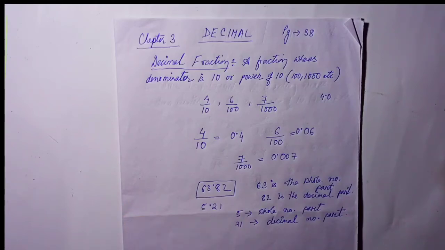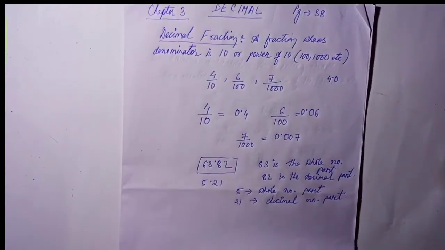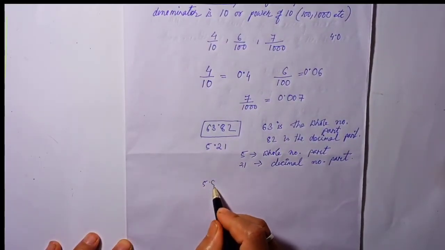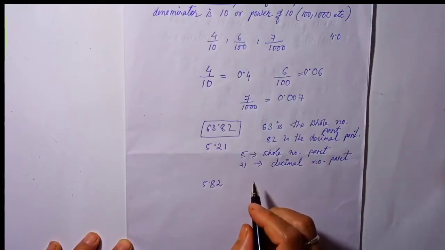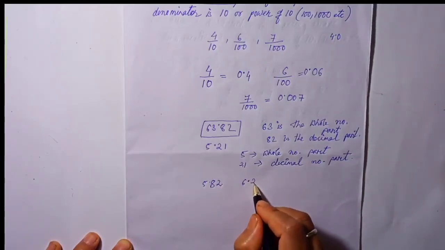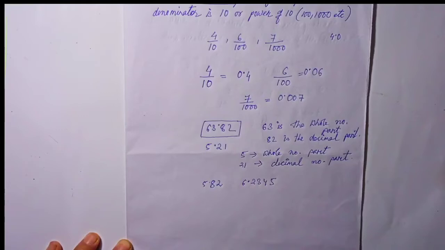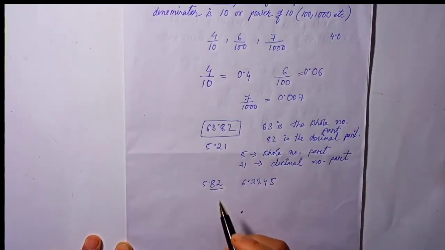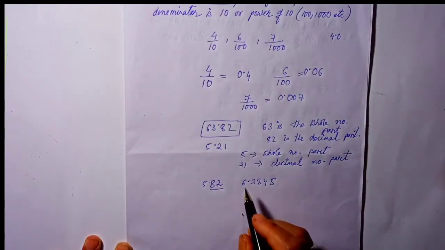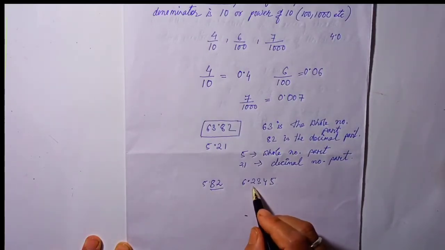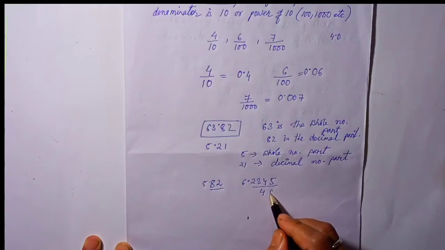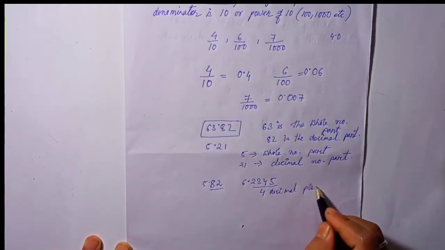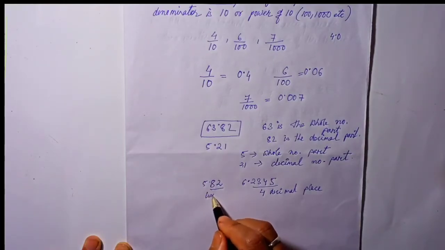Now if we come to unlike decimals, suppose there is a number like 5.82 and 6.2345. See, 5.82 has two decimal places, and 6.2345 has 4 decimal places.